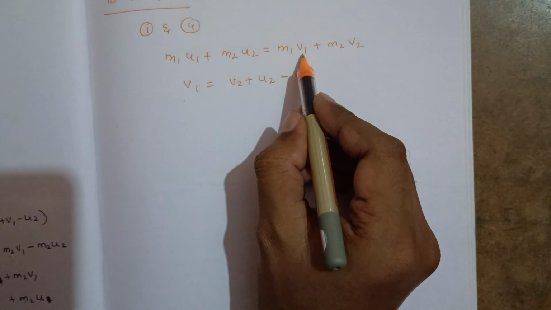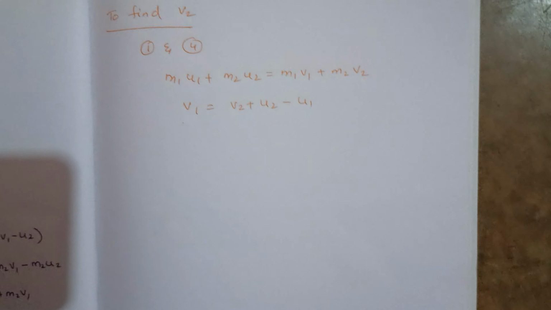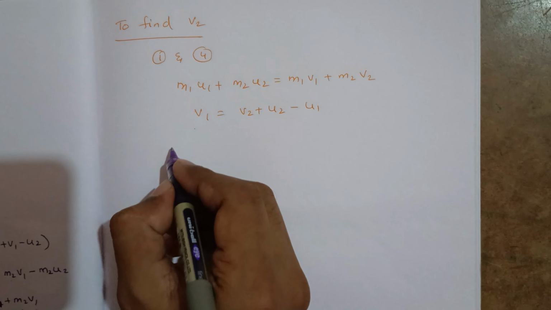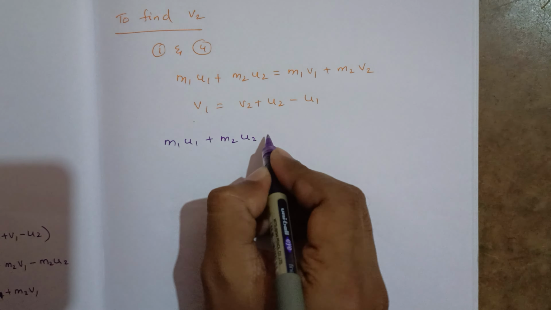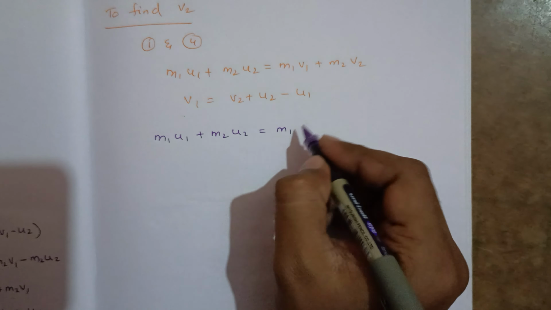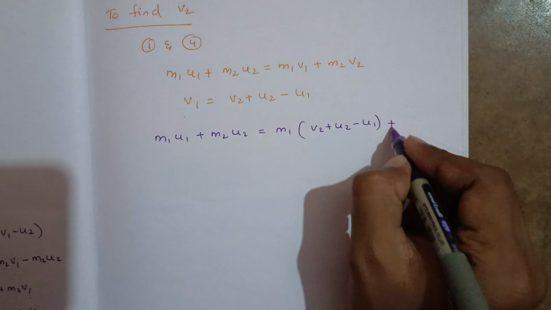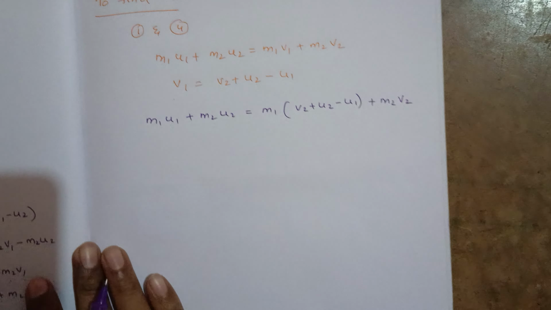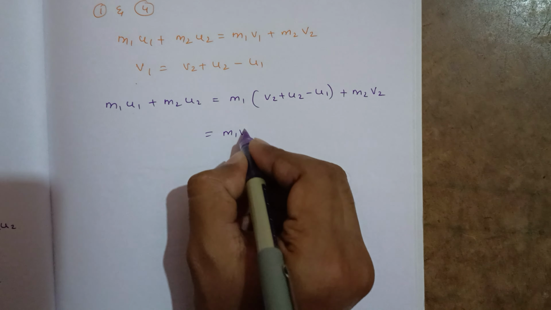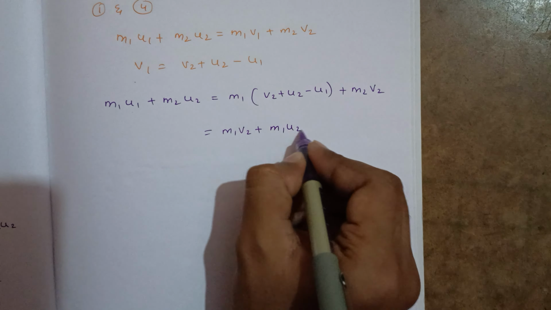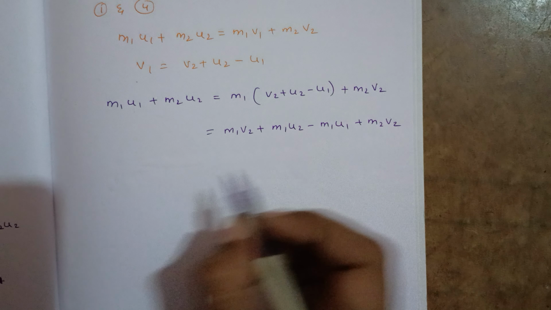So v1 value will be substituted here. So it becomes m1 u1 plus m2 u2 equal to m1 into, instead of v1, v2 plus u2 minus u1, plus m2 v2. Like previous, we will multiply this inside: m1 v2 plus m1 u2 minus m1 u1 plus m2 v2.